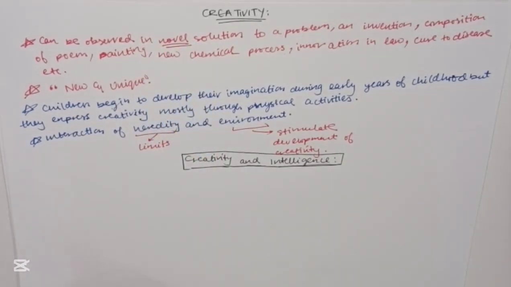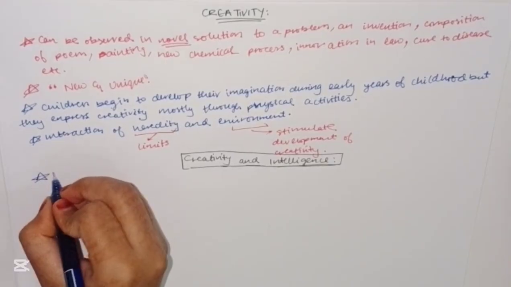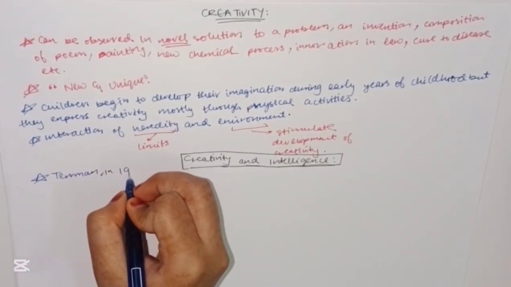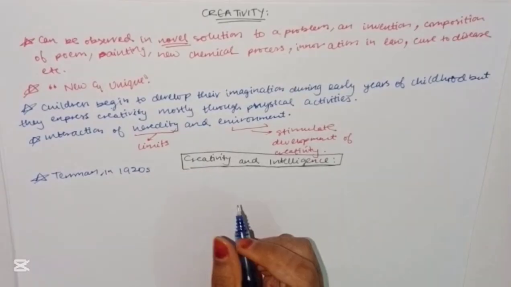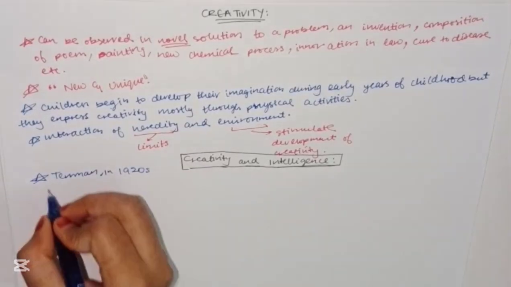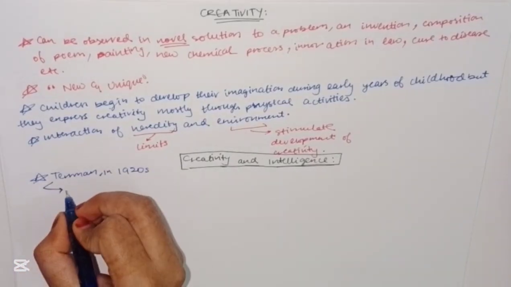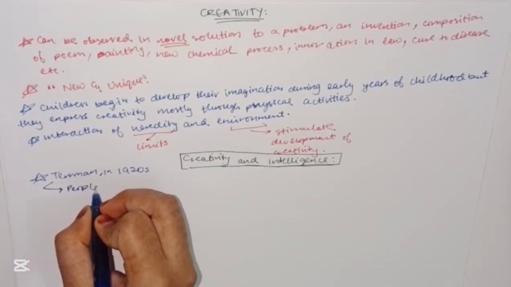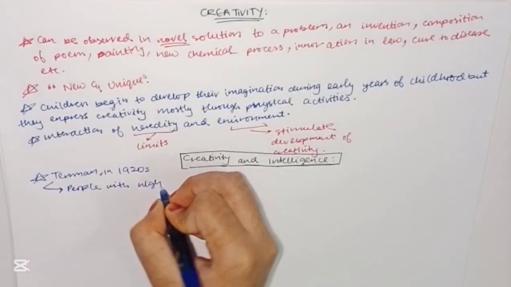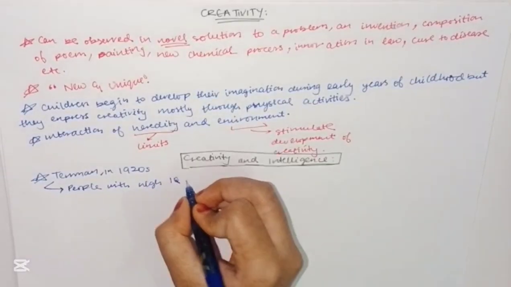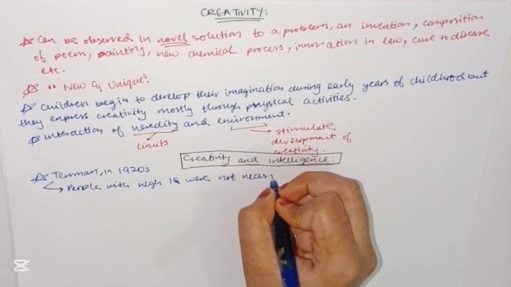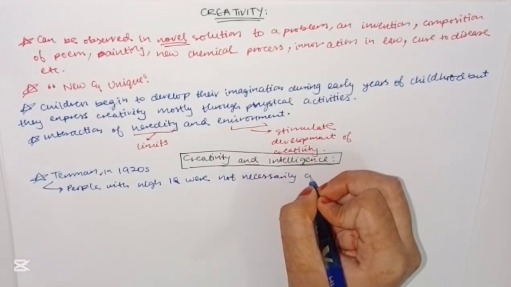There's a psychologist named Terman who in the 1920s found that people with high IQ were not necessarily creative.